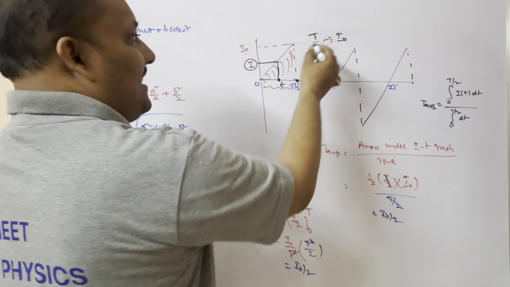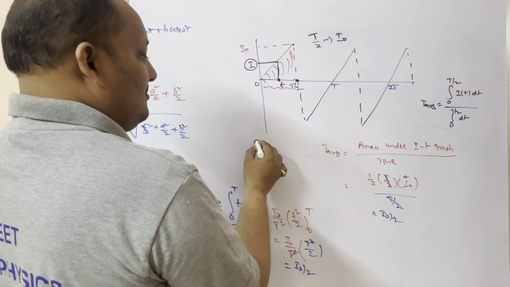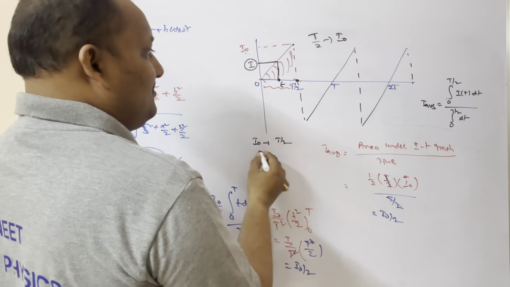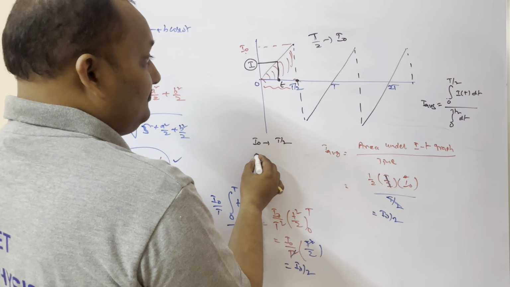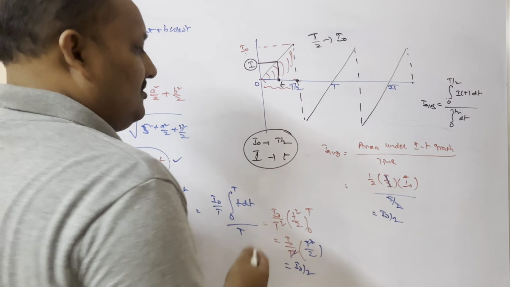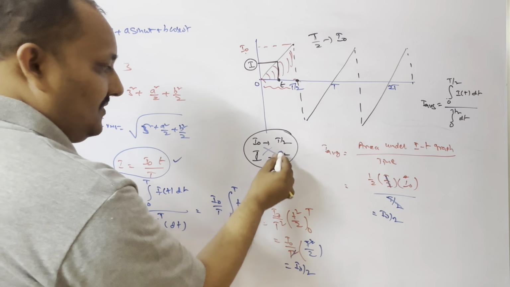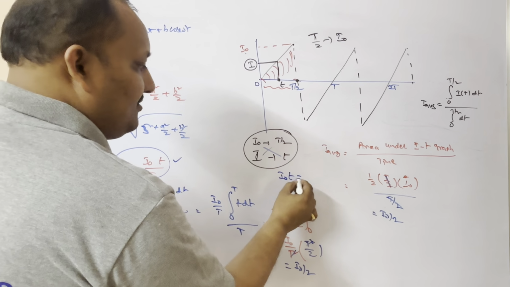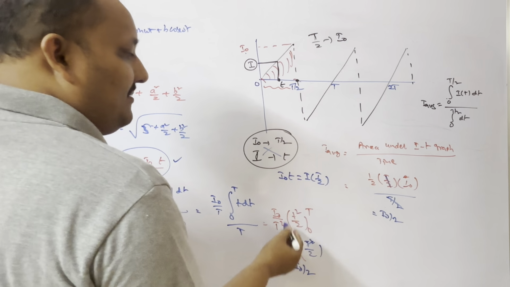So how do we calculate this I now? For I naught, the time is t by 2. Now for small I, the time is t. So cross multiply: I naught into t is equal to I into t by 2.